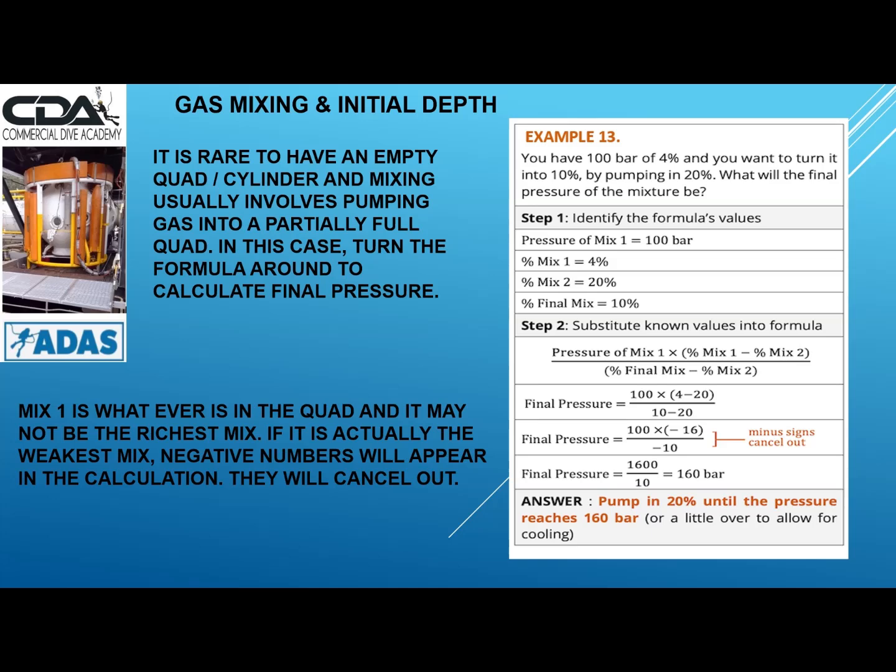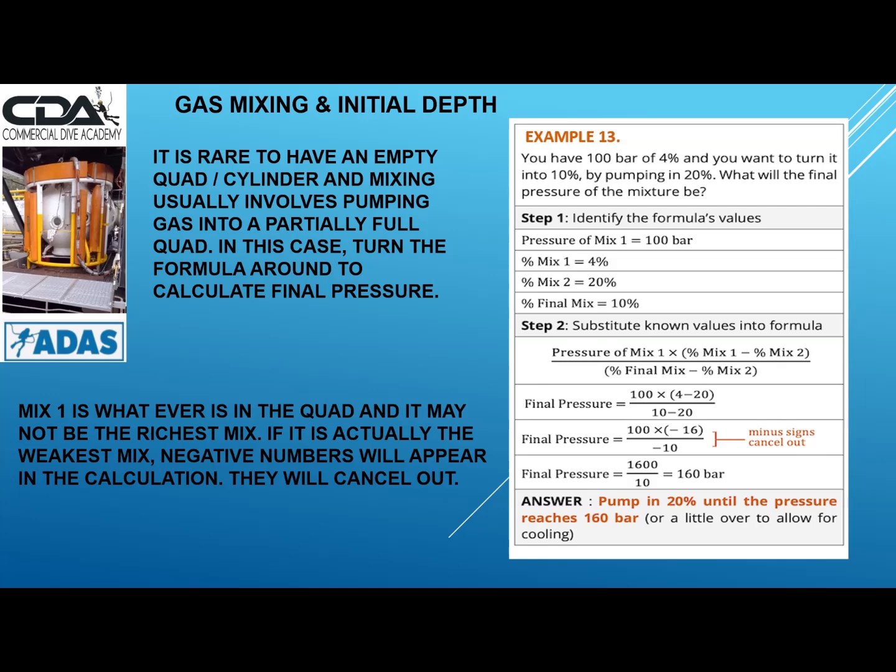Just a note on the left-hand bottom there: mix 1 is whatever is in the quad, and it may not be the richest mix. If it's actually the weakest mix, negative numbers will appear in the calculation and they will cancel out. So let's look at the formula. We've got 100 bar as the pressure of mix 1, multiplied by 4 minus 20, that's percent mix 1 minus percent mix 2, and we're dividing it by percent final mix minus percent mix 2.